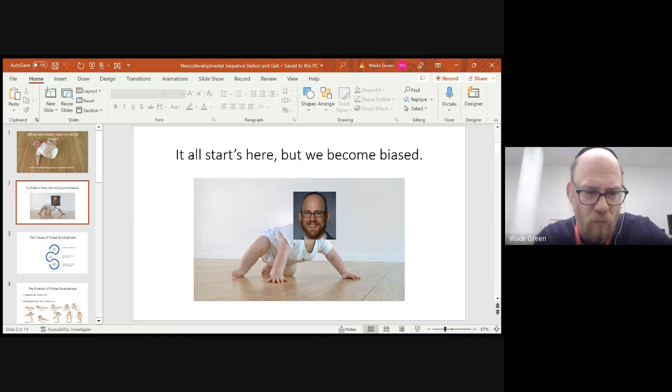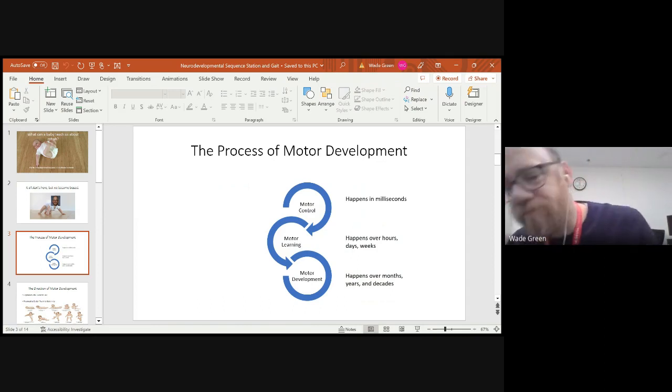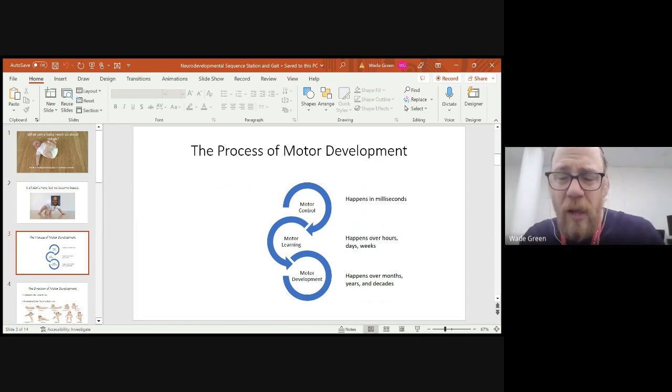As far as motor patterns, we have to think about how these motor patterns develop. Motor control is a very closed loop. Let's say, for example, that we have Bennett, who is doing rehabilitation after a concussion, and he's balancing on a foam pad.